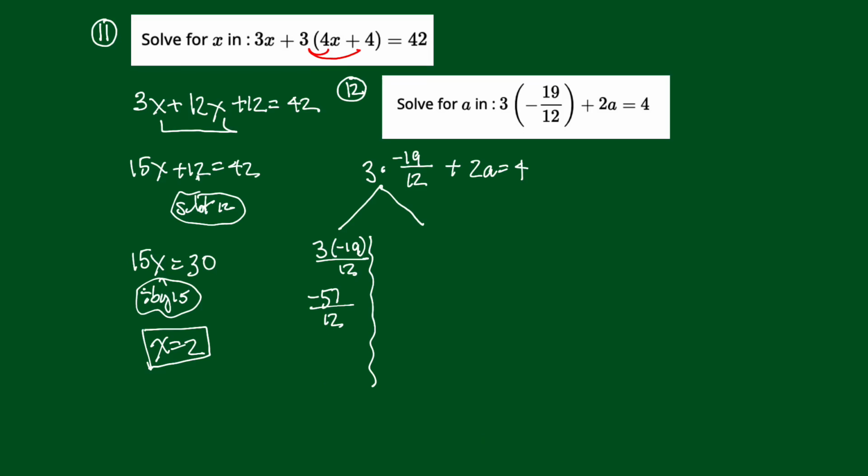You always want to reduce a fraction if you can. So you're looking for a number that divides both 57 and 12. Turns out it's 3. So if I divide the top by 3, I'm back to that negative 19. If I divide the bottom by 3, I'm at 4. So that 3 times negative 19 over 12 is going to reduce to this.